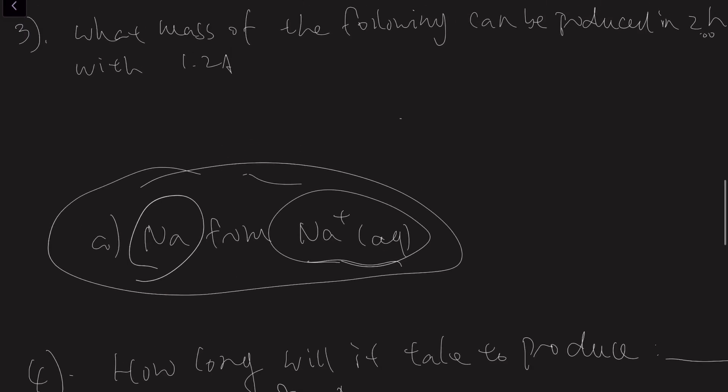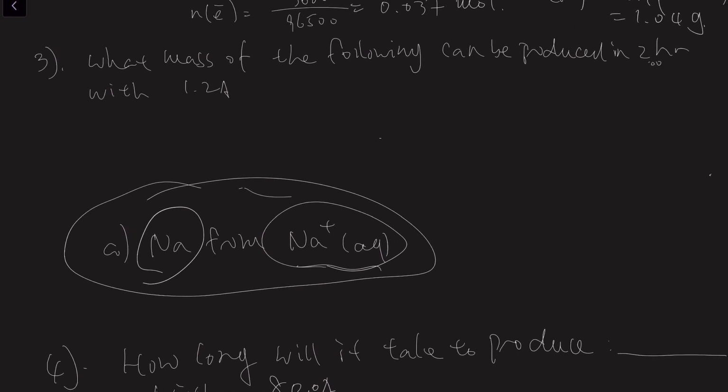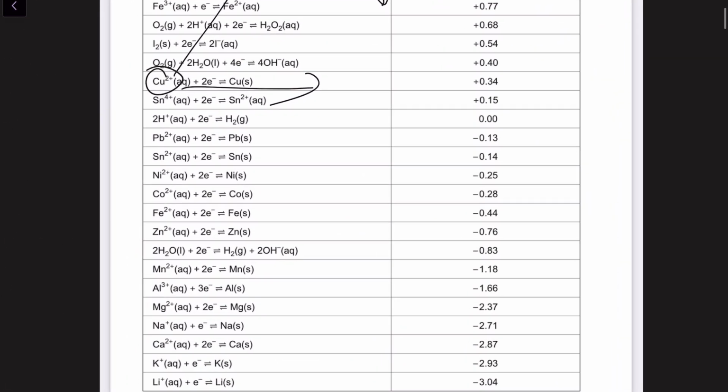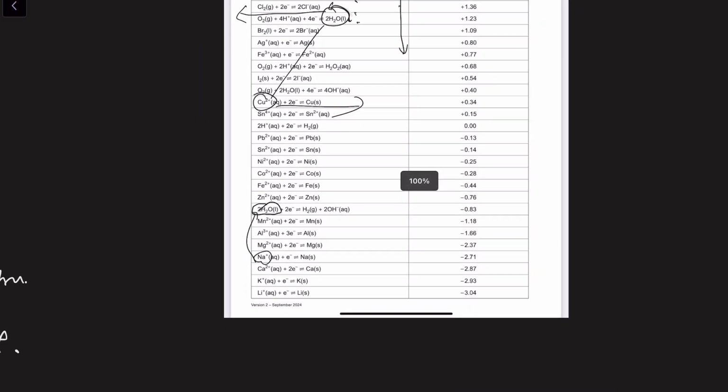Whenever you see a question like this, you should always be skeptical. Can you actually produce this metal based on what you see from the electrochemical series? When we go back to our electrochemical series, you should know that water is a stronger oxidizing agent than sodium ion.